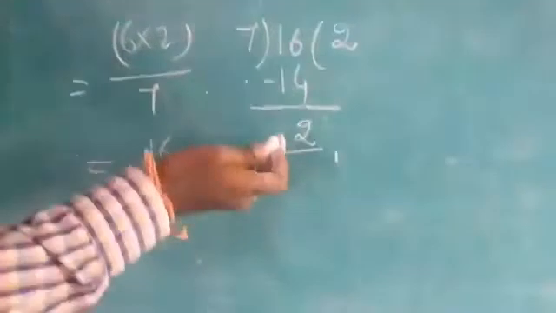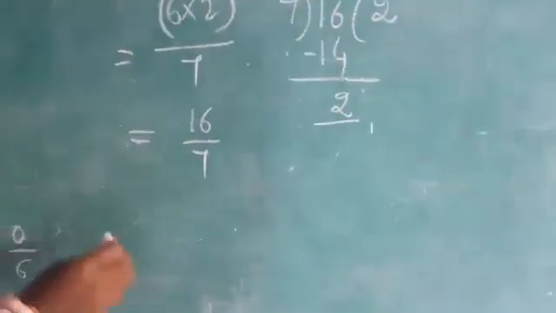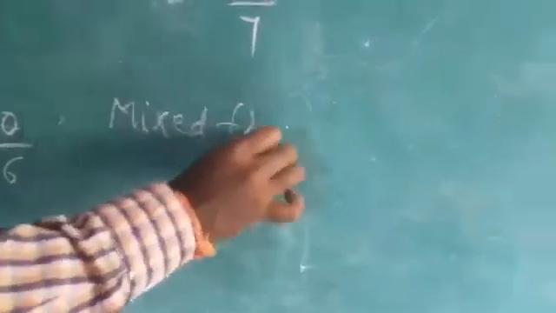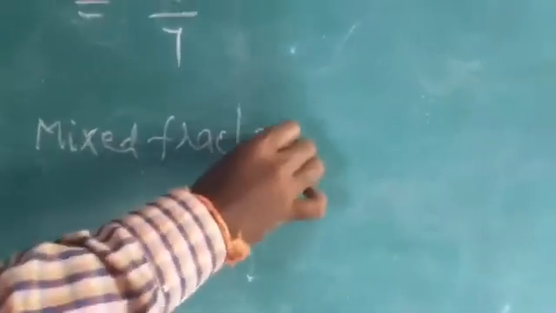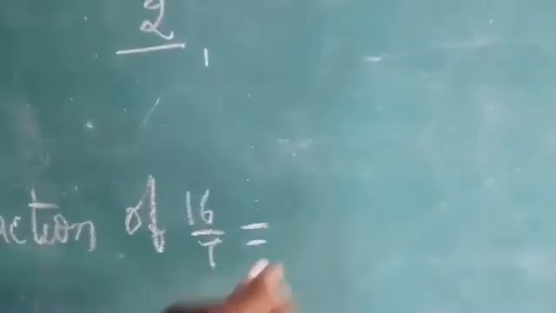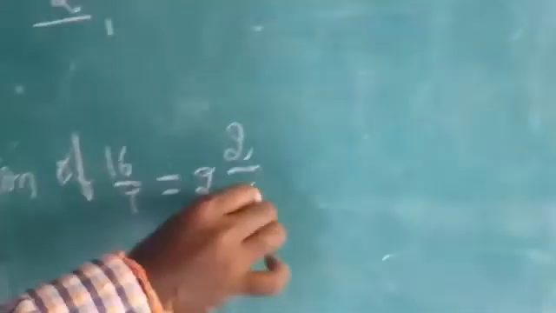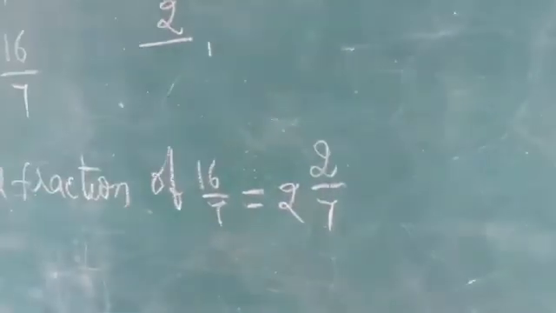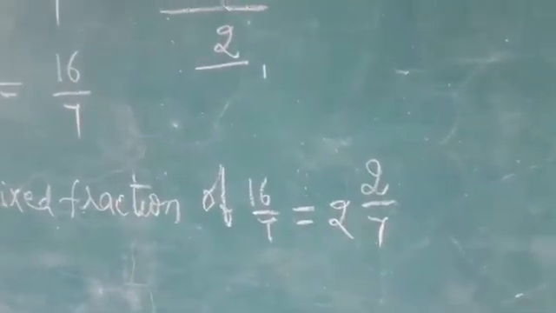So how can you write this mixed fraction of 12/7? 1 quotient and remainder by divisor, 1 5/7.